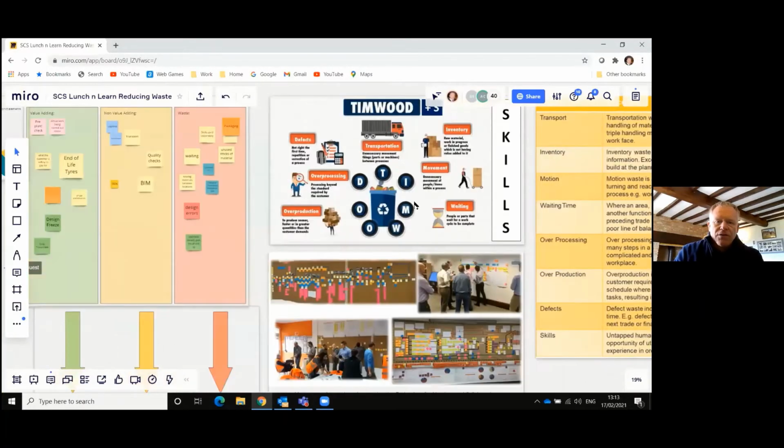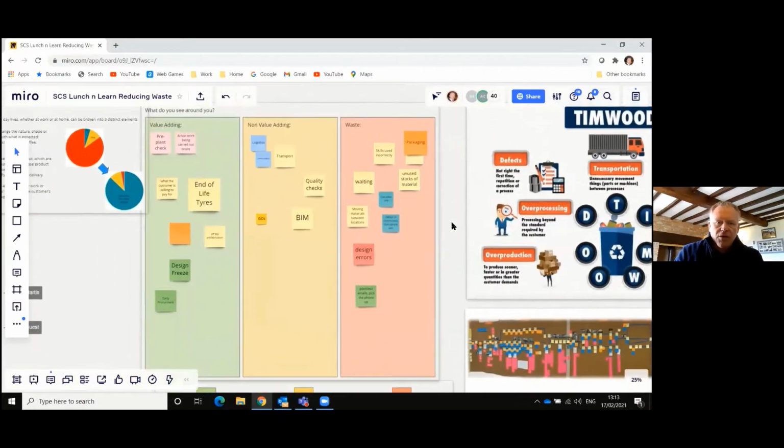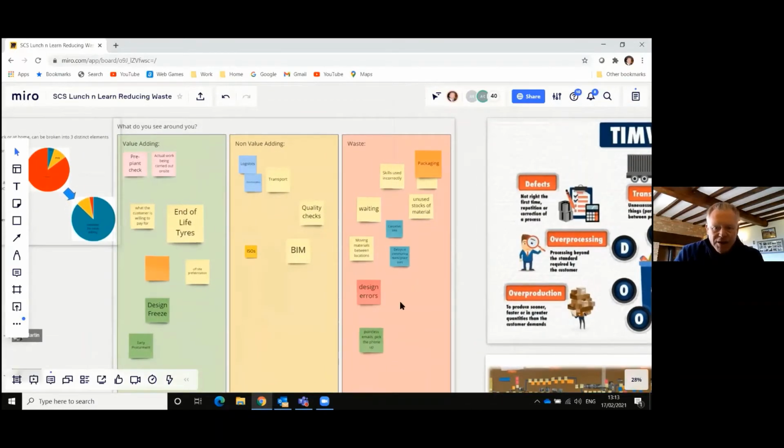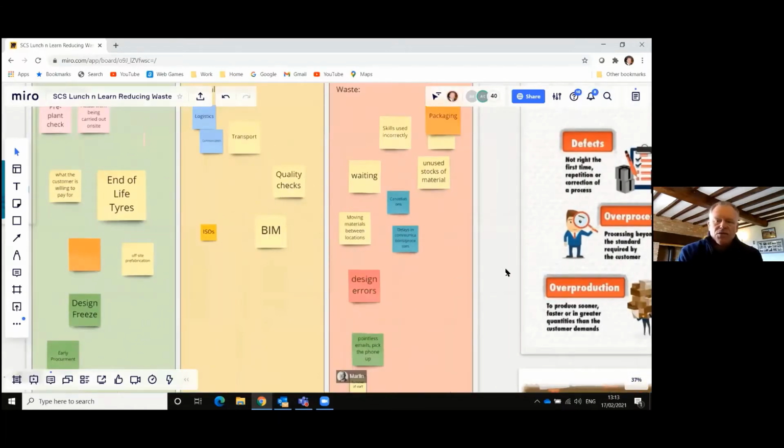Okay then, let's have another look at what we've got on here from your value add, your non-value add, and your waste. So yes, design errors. How often do we start our contracts and find that the designs are either incorrect or incomplete, and we have to redo them again? Design freeze.